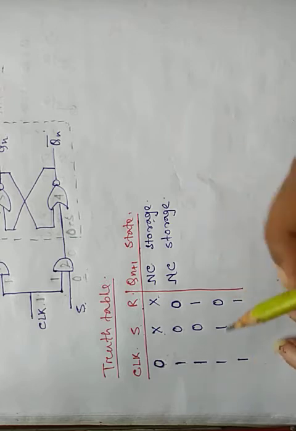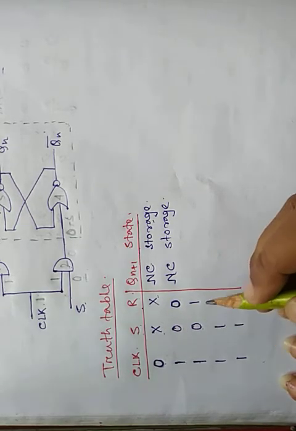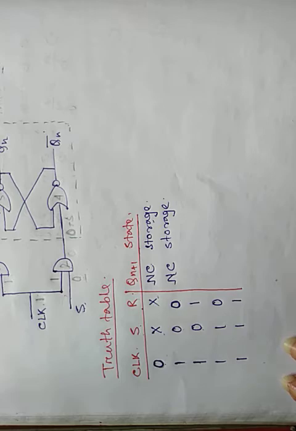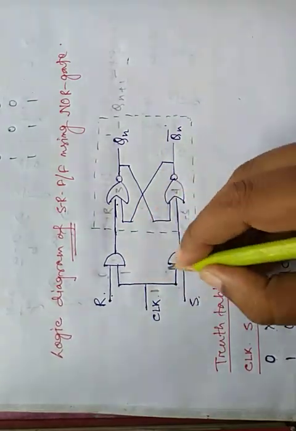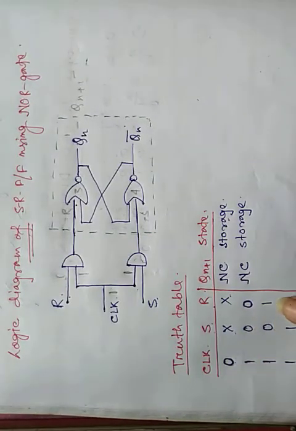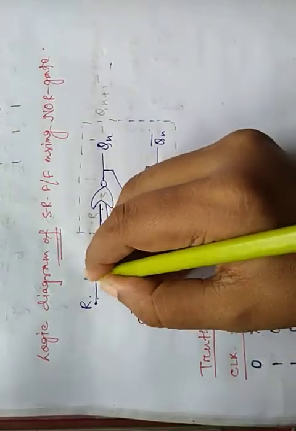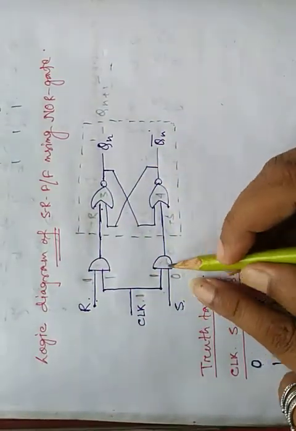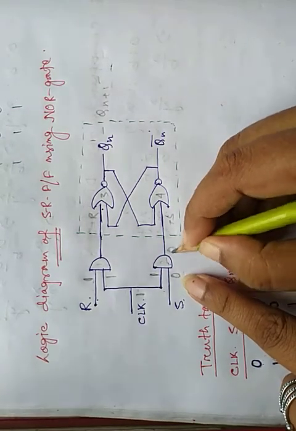Now in our second case, the S value is 0, R value is 1. Let us see what will happen. Clock is 1, so input is 1. Now S is 0, R is 1. In the AND gate, if one input signal is 0, output is 0.